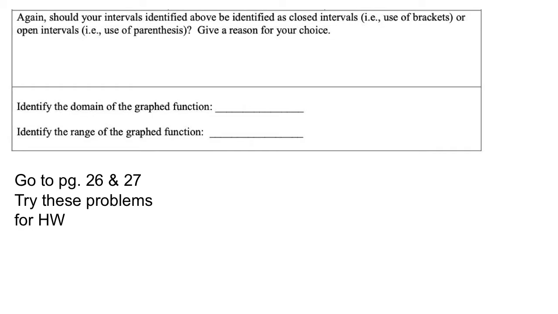Okay, and again, should your intervals be identified as closed or open, give a reason for your choices.